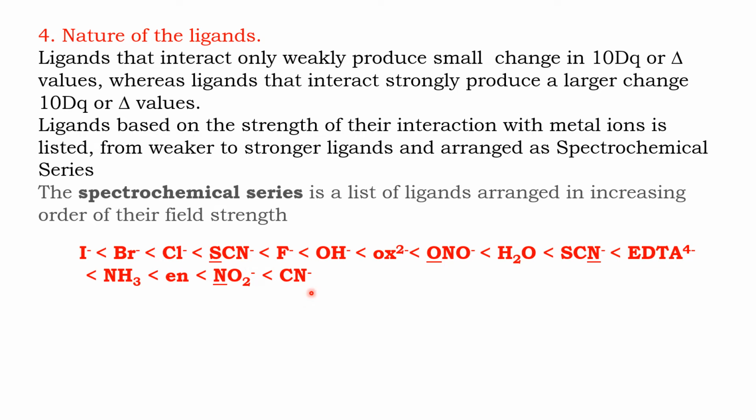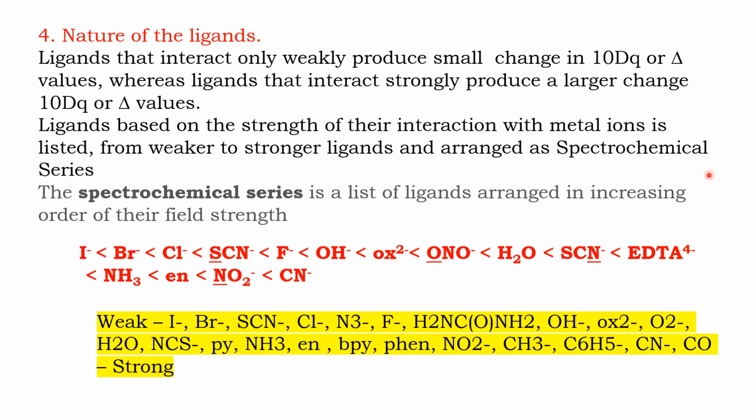They split the d orbitals to the maximum. See here, these are the weak ligands and this end is the strong ligand. So CO, carbon monoxide, is the strongest ligand as per the spectrochemical series, while I- is the weakest ligand. Very, very important.